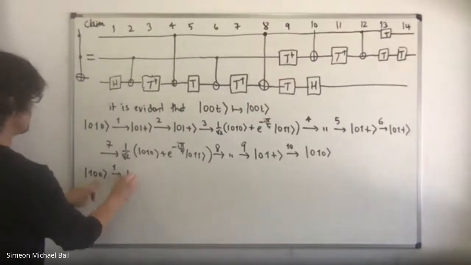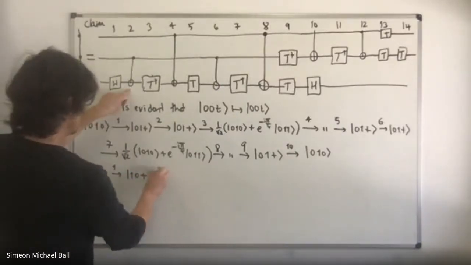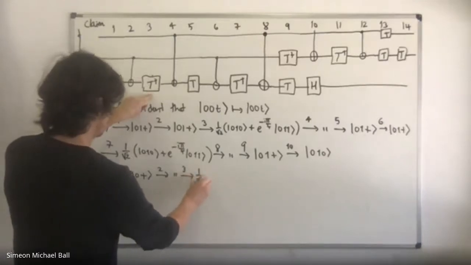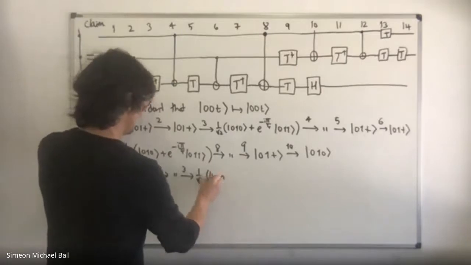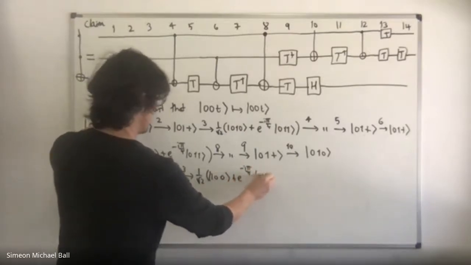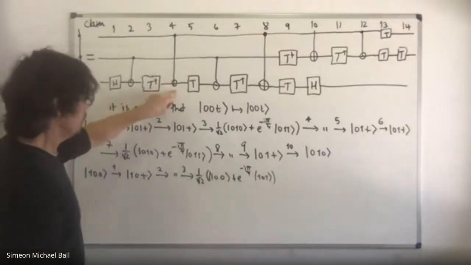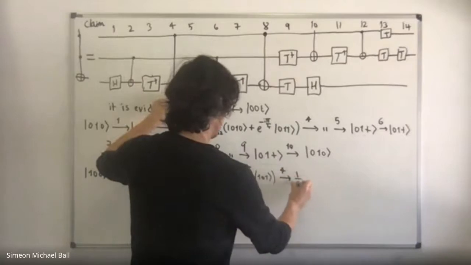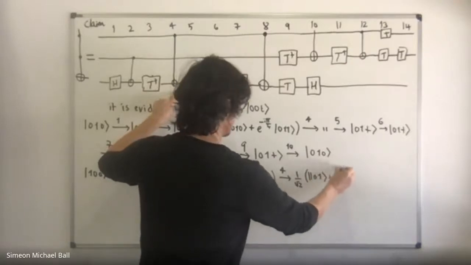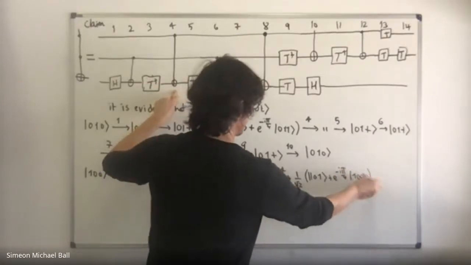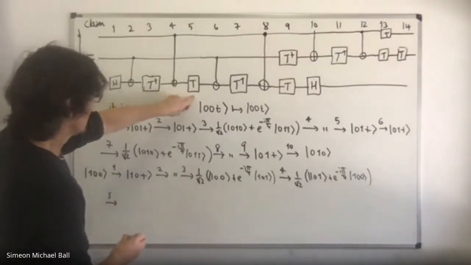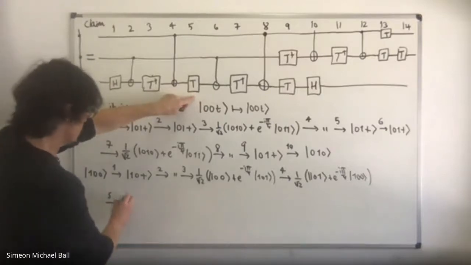So 1 goes to 1, 0 plus. 2, nothing happens. 3, it gets mapped to 1 over root 2, 1, 0, 0, 1. 4, it gets mapped to 1, 0, 1, 1, 0, 0. 5 gets mapped with a T. So 1 over root 2.